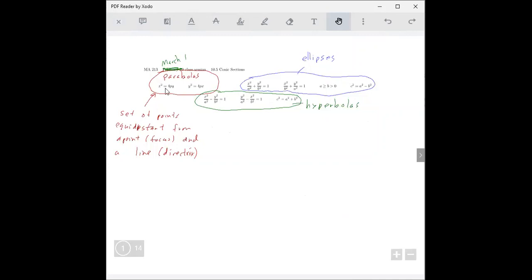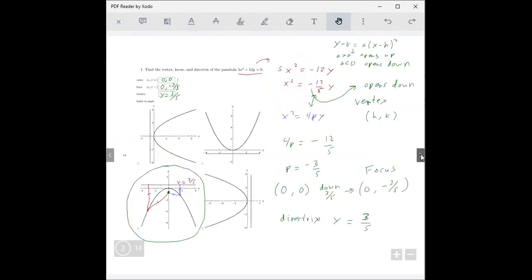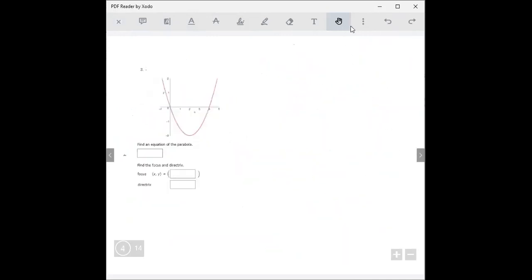The square is going to be on the x. So I like to write it as x minus h squared equals, we'll just put an a there for now, a times y minus k.